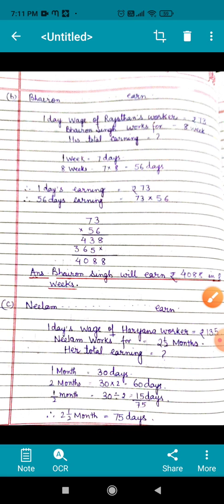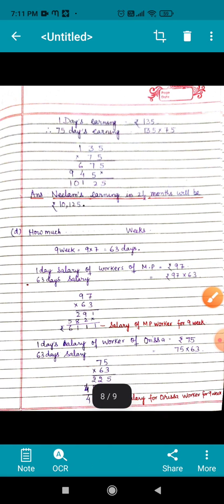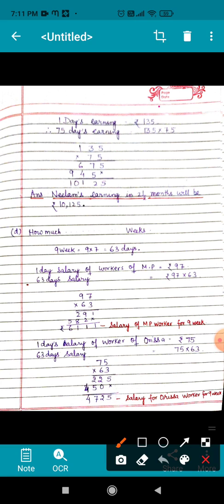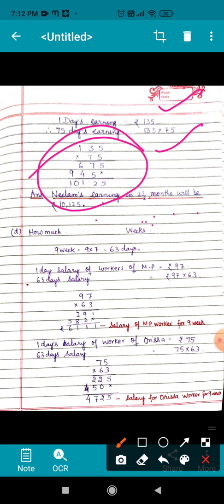Now we can calculate. 1 day's salary is 135 rupees. So 75 days salary will be more, and for more we will do multiplication, and so finally we have got 10,125 rupees salary for 2.5 months.